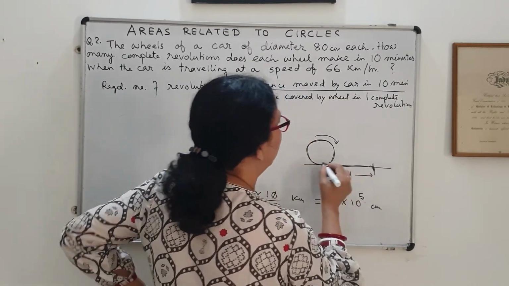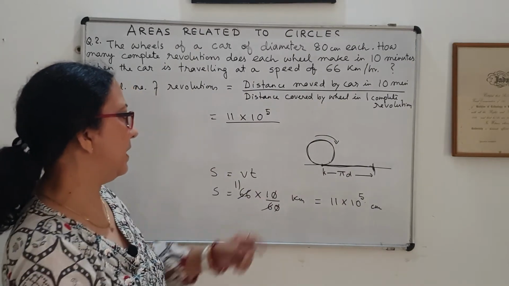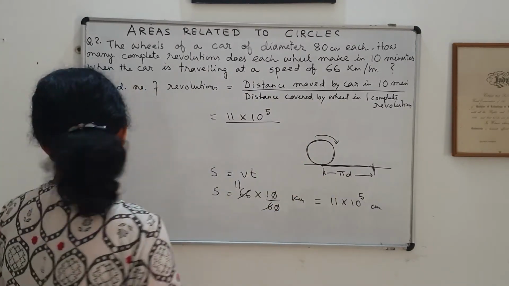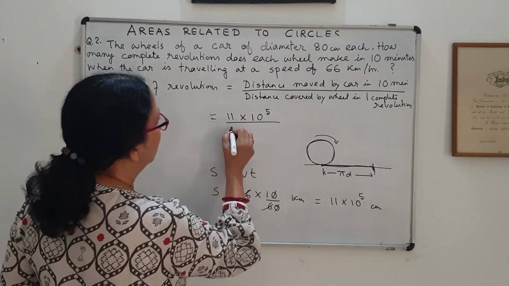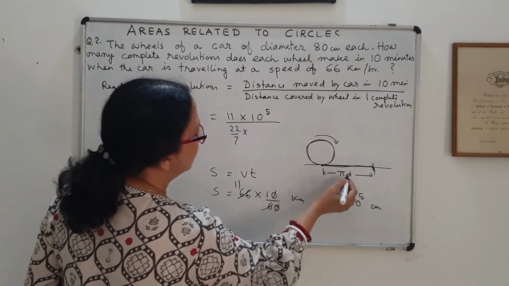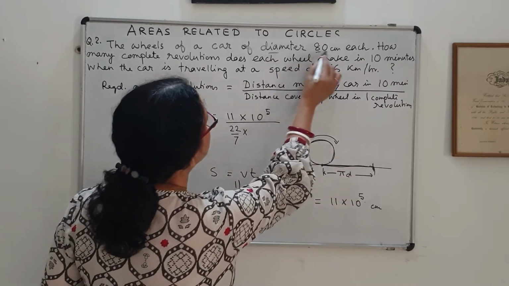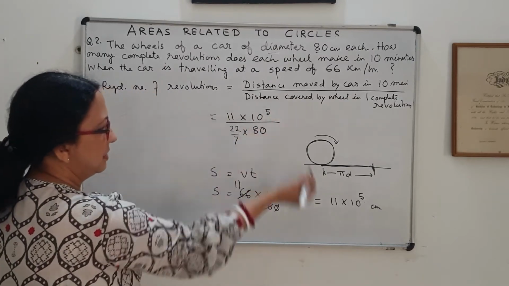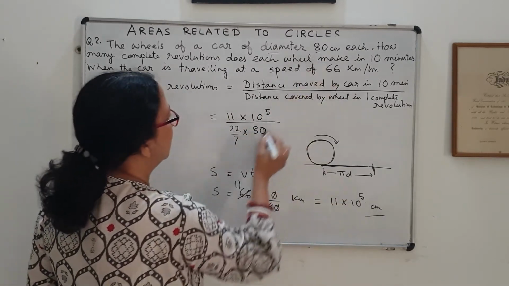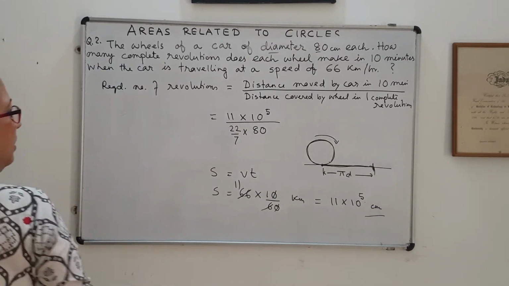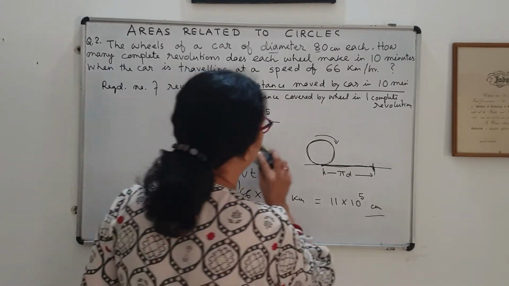In one complete revolution, the distance covered by a wheel of diameter d will be pi d. So pi is 22 by 7 and the diameter is given as 80 centimeter. All are in centimeter, so there is no unit problem.